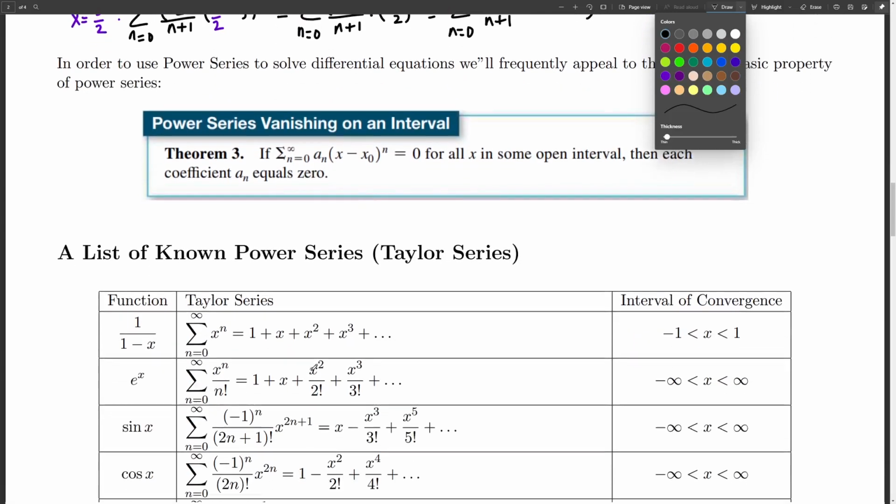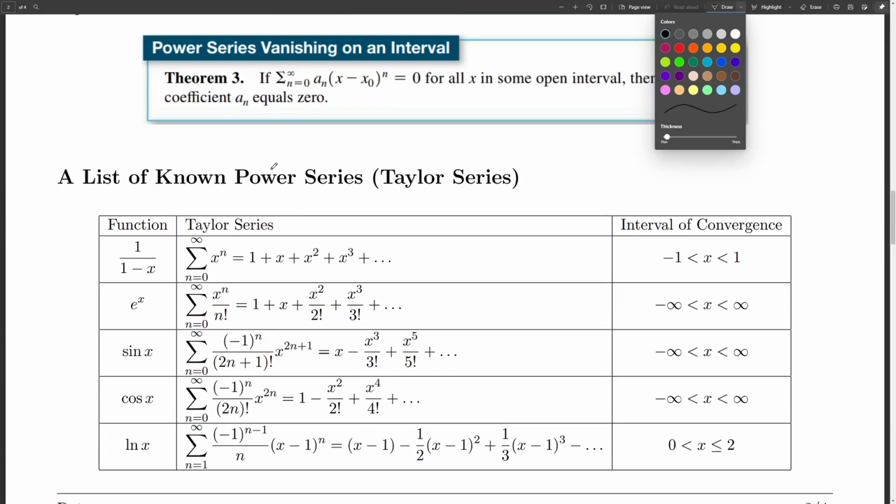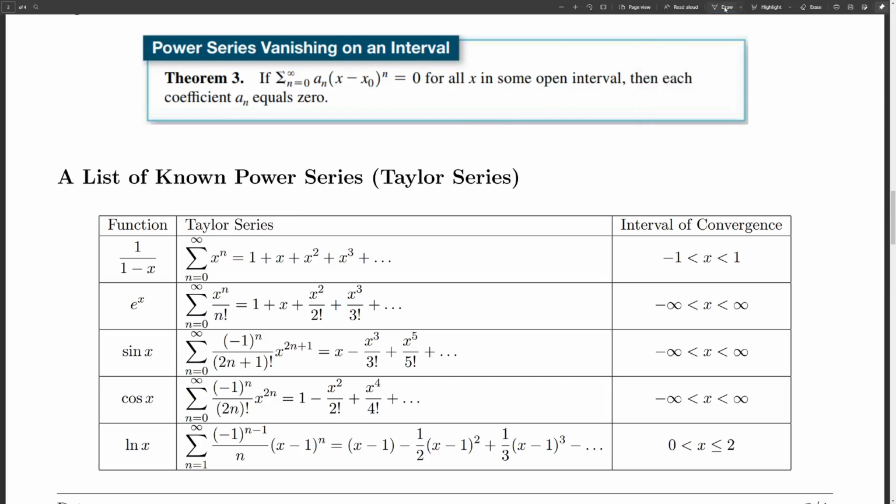Then here's a short list of known power series. So we typically don't want to reinvent the wheel over and over again when we're looking at power series. So this is a basic list of power series that we can then use to derive other power series, and we'll see some examples in the next section.